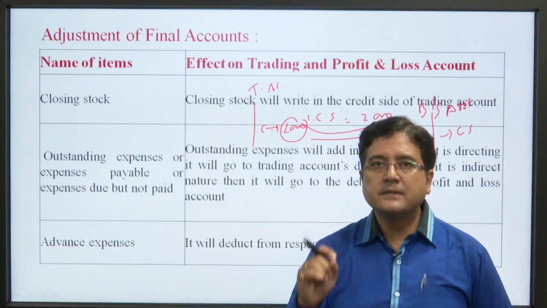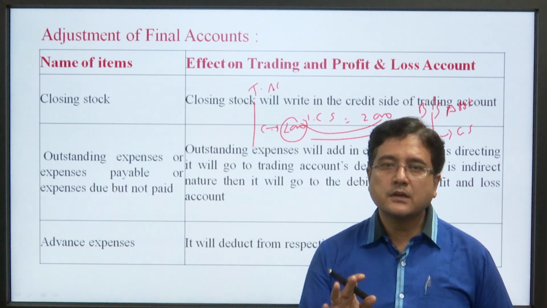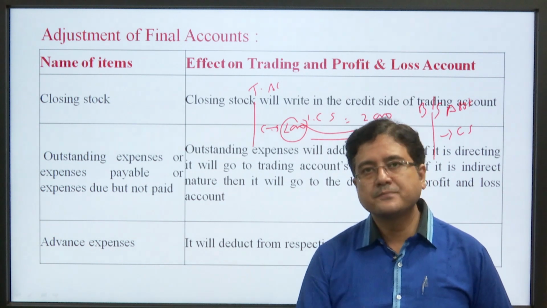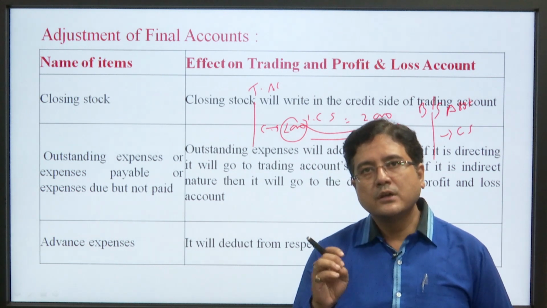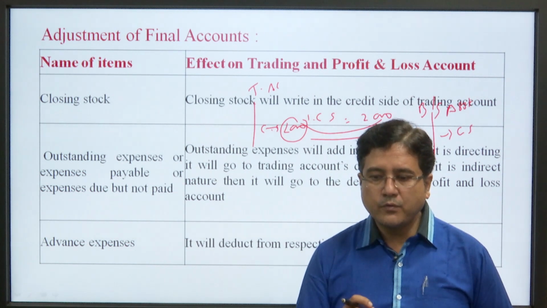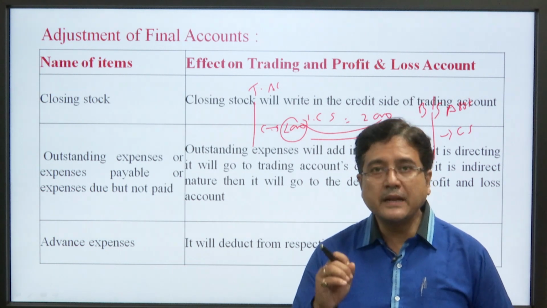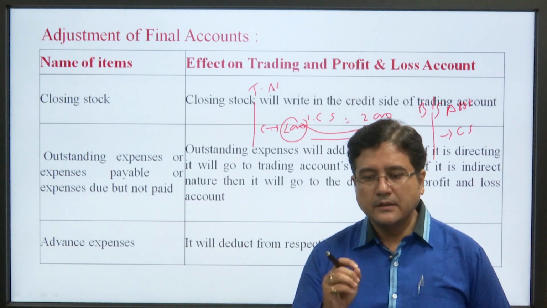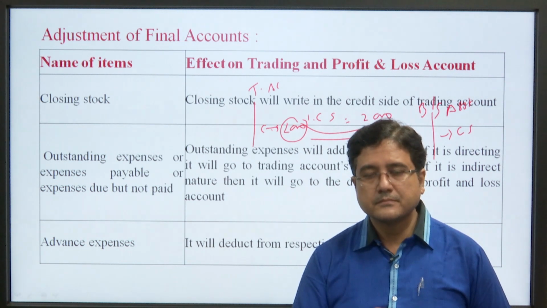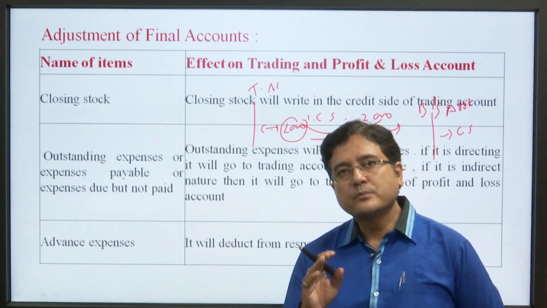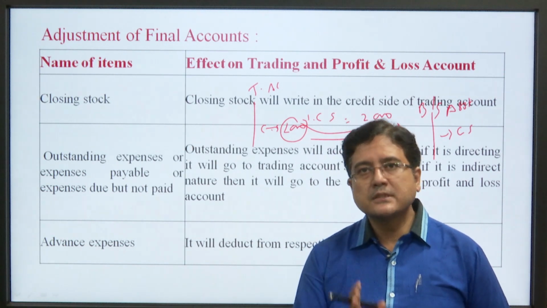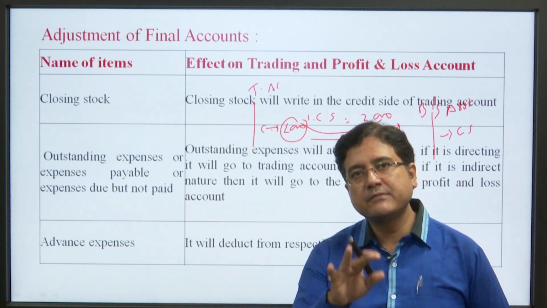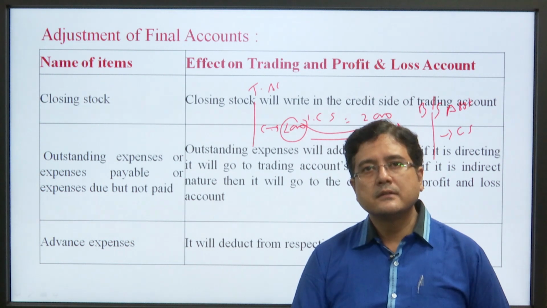I repeat, the debit side of the trading or profit and loss account with the name outstanding expense or outstanding salary, whatever it is. The same amount will be part of the balance sheet on the liability side. Clear? Why is it a liability? Because now it is a liability of the company to pay the expenses. It is outstanding, so we show it on the liability side.